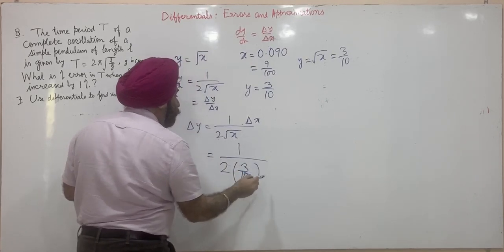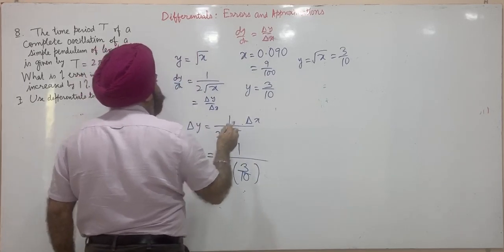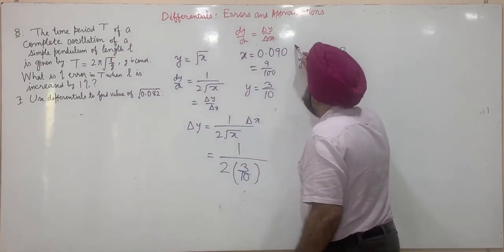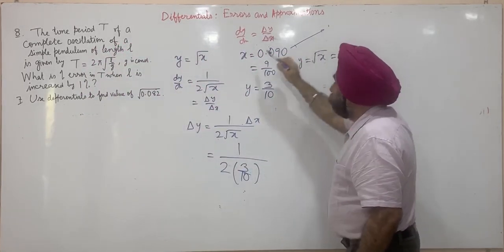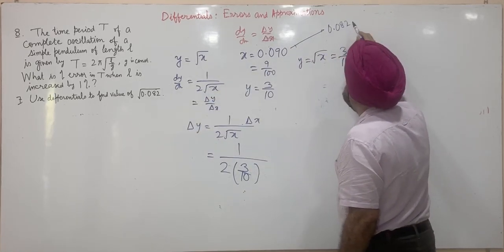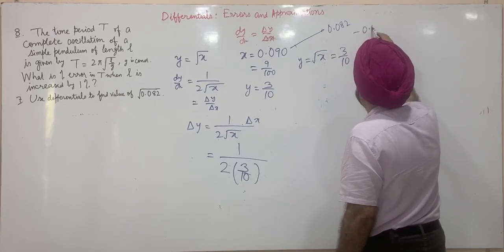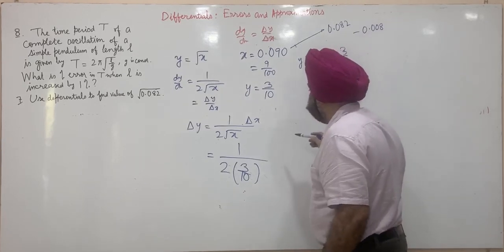This is into delta x. So delta x: x changes to 0.082, so the difference will be minus 0.008.